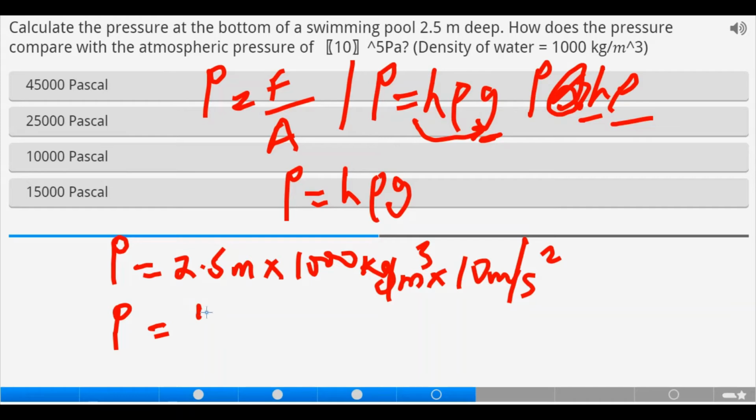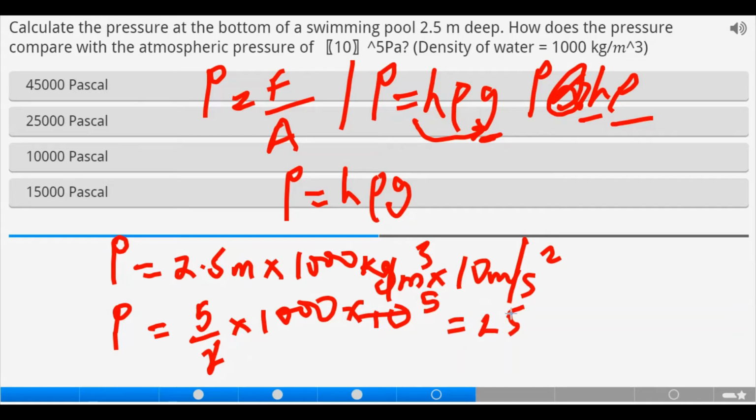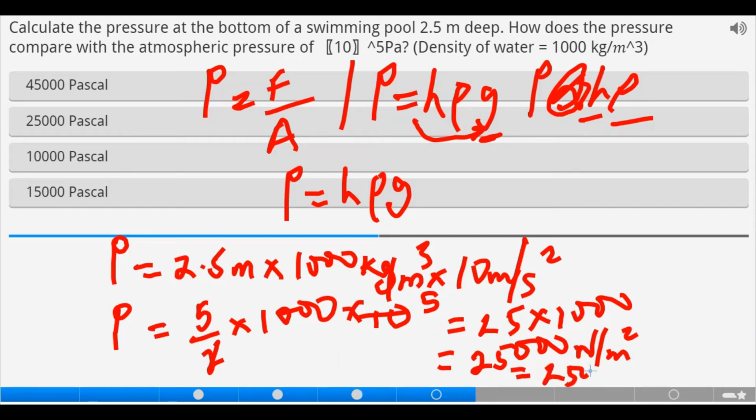2.5 in decimal can be written as 5 over 2 in fraction, times 1,000 times 10. So 2 here 1, 2 here 5. 5 times 5, 25 times 1,000. That gives 25,000 newtons per meter square or 25,000 Pascal.